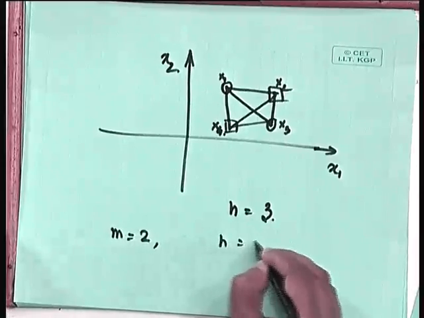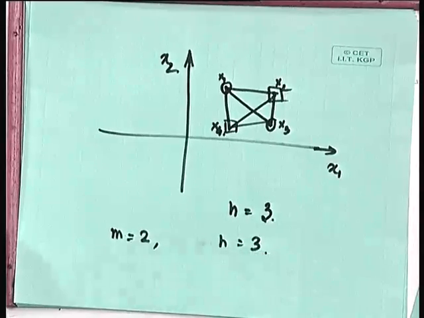That means up to 3 points could be shattered, that is 2 to the power 3, 8 combinations. So when the dimension m is equal to 2, we have h equal to 3.